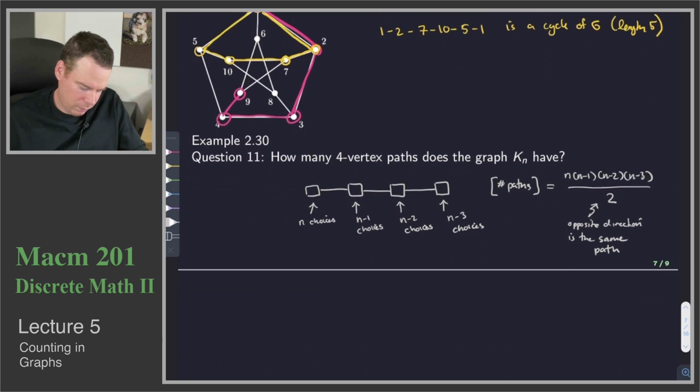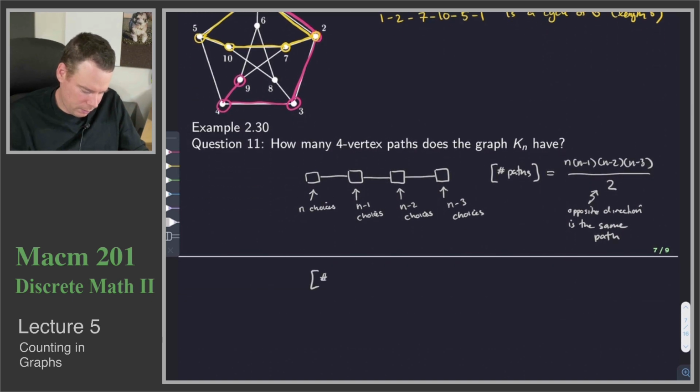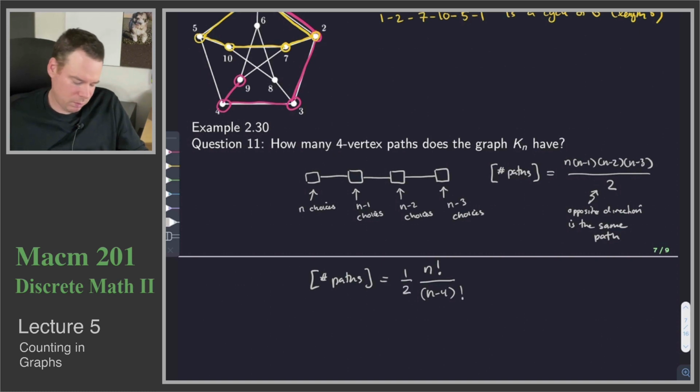And so what we have here is that the number of paths is equal to, I can write this as, n factorial on the top, and then what I've lost is the n minus 4 and smaller terms, so I could divide by n minus 4 factorial, and then I've got that division by 2, so 1/2. So there's a little bit more compact way to write the number of paths.